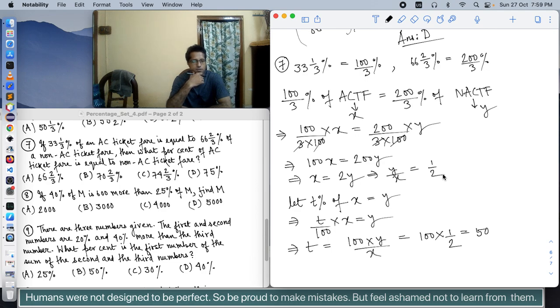Now it is asking what percent of AC ticket fare is equal to non-AC ticket fare. So we are assuming that T percent of AC ticket fare, which is x, is equal to non-AC ticket fare, which is y. So we must have T by 100 multiplied by x is equal to y.